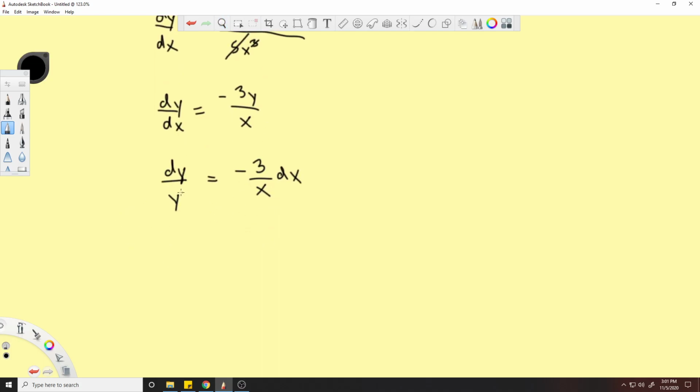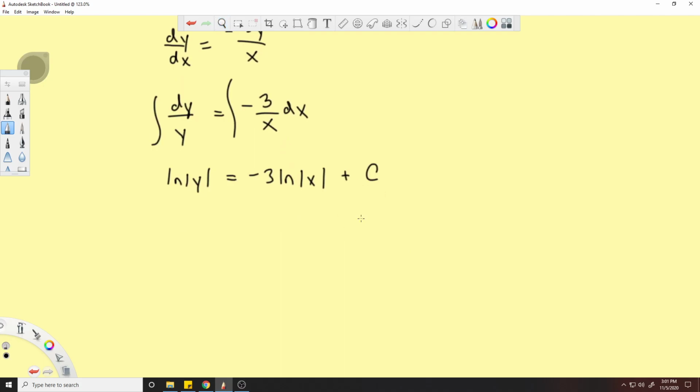So now we have two relatively simple integrals. This will be ln y, and this will be negative 3 ln x, and we will put our constant of integration right there. Because we're ultimately solving for y, I just put the constant over there. Truly, both of these integrals have a constant of integration, but you can lump them into one term.